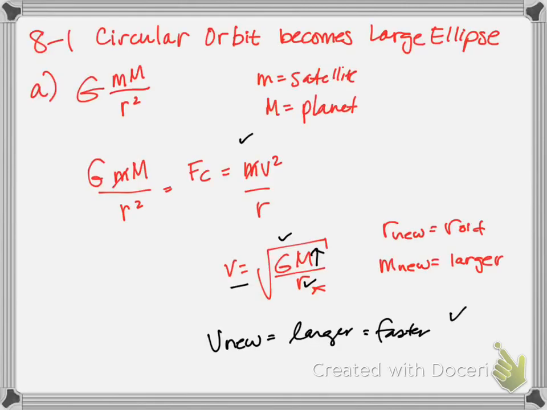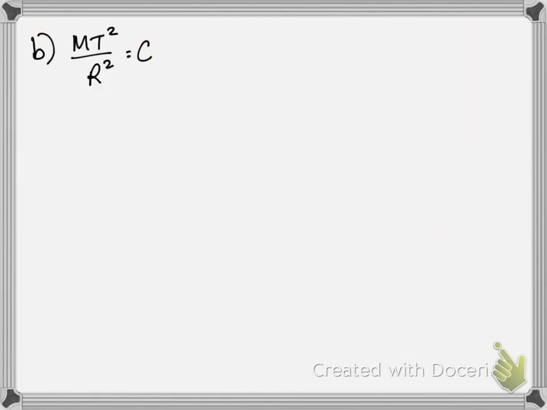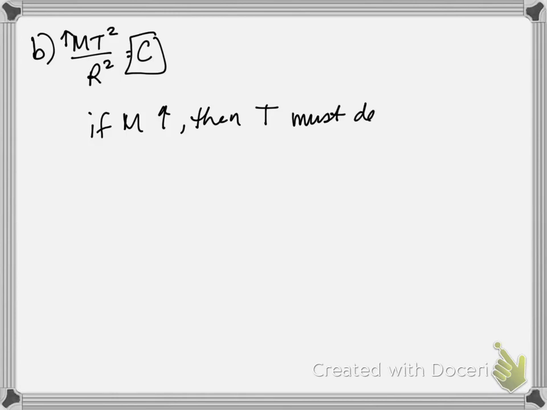So what I said in part A is if you have a heavier planet with the same radius, the new velocity is going to be larger. Let's see what happens here. If I have a heavier planet, that means my mass goes up, everything else stays the same. The radius stays the same. Well, if all of this is going to equal a constant, if M increases, then T must decrease, okay?